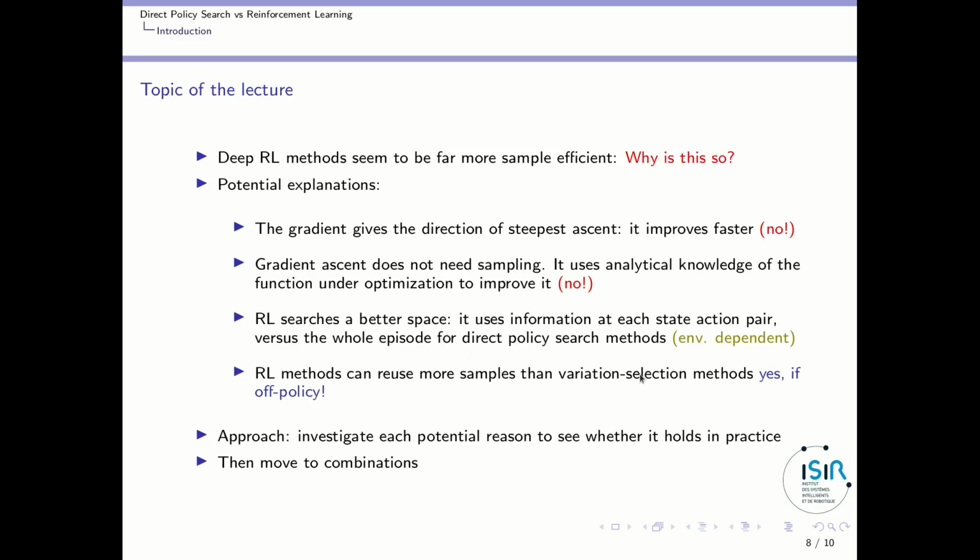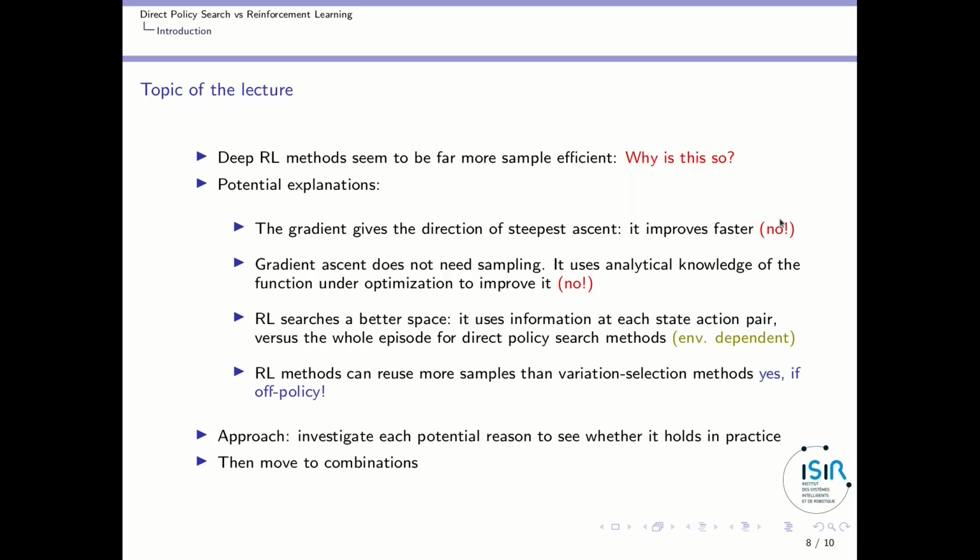So the topic of the 4 next lessons will be the following. It seems that deep reinforcement learning is more sample efficient than direct policy search methods, and we want to understand why. So we will investigate potential explanations. It might be the case that the gradient gives the direction of steepest ascent, so the policy improves faster, and we will see that's not the case.